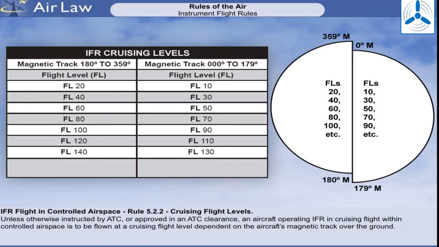The semicircular nature of this rule is illustrated here. You can see that from 0 to 179 degrees, IFR cruising levels are at odd-numbered flight levels, while from 180 to 359 degrees, the IFR cruising levels are even-numbered flight levels.